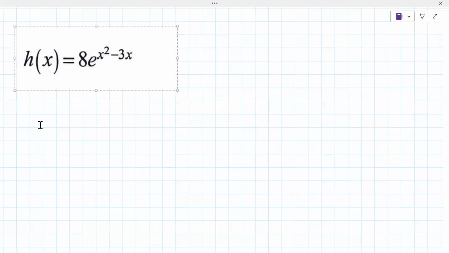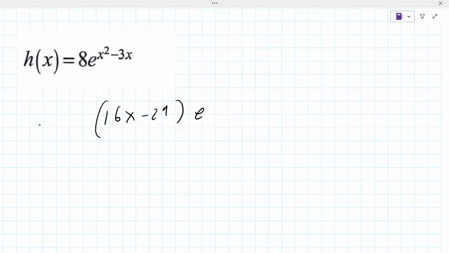Okay, so 16x minus 24 times e to the power of x squared minus 3x.